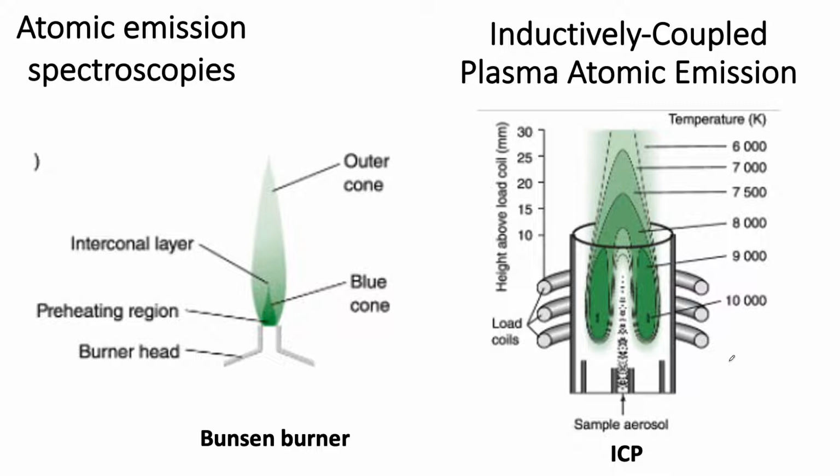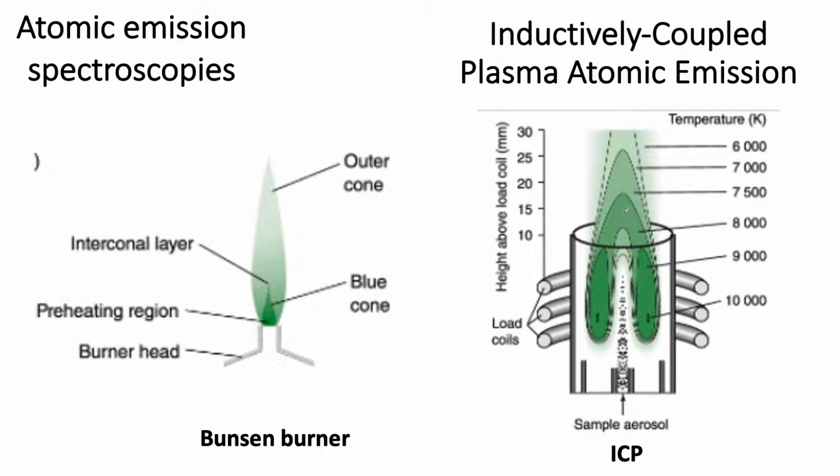So there's electrons flying around, there are ions flying around, everything's bumping into each other. And you can see here, the temperatures, 10,000 Kelvin down here, and other temperatures up here. And what you do is you have a spectrometer and you focus the entrance slit at this cone of burning light, right?